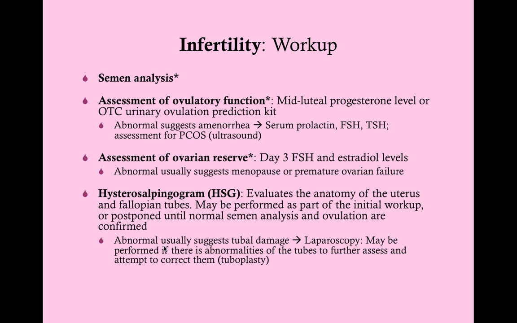If this is abnormal, typically it's going to be reflective of tubal damage. At this point, you can do a laparoscopy. Laparoscopy is done to further visualize the abnormalities, and at that point you can try to do a tuboplasty to open the tubes up, and in many cases that can help.